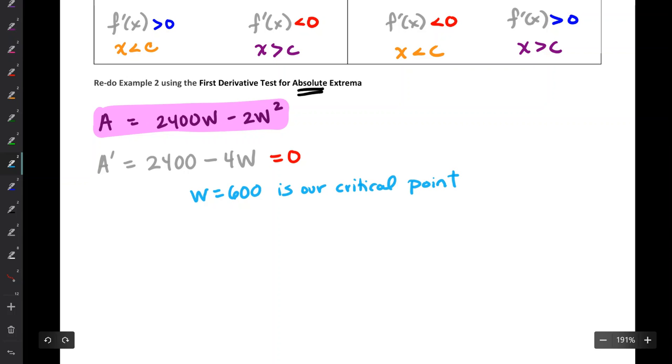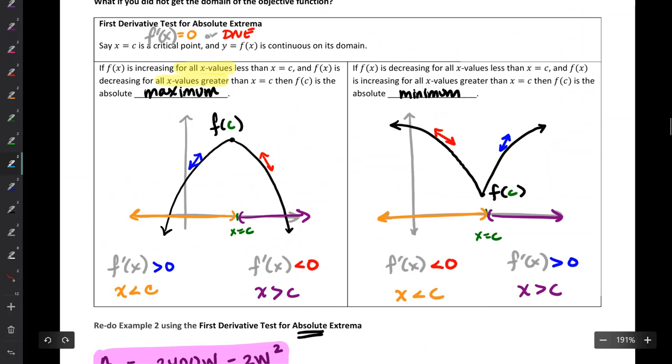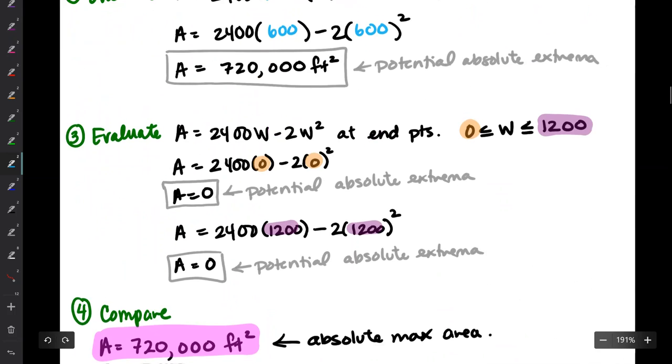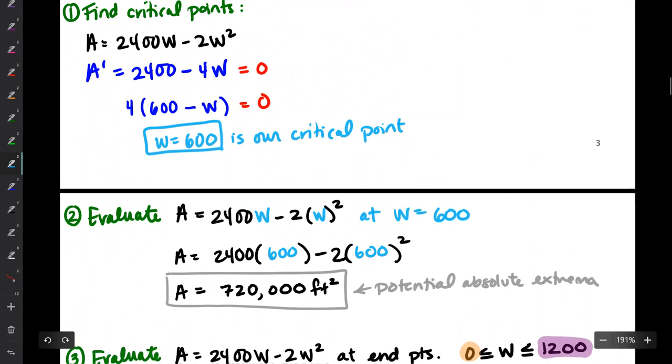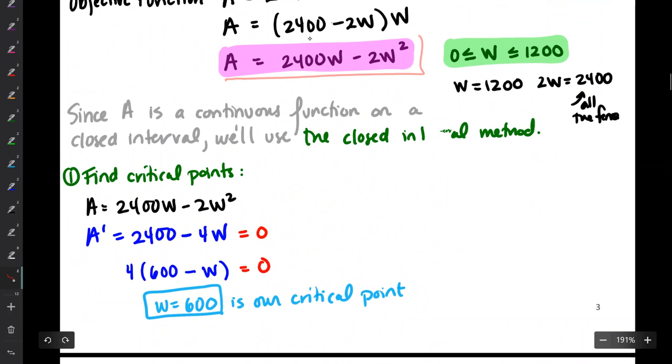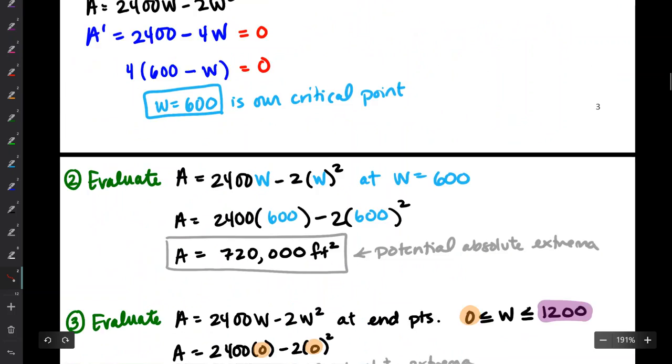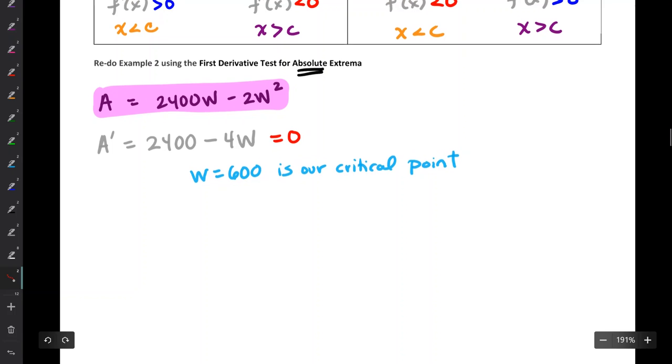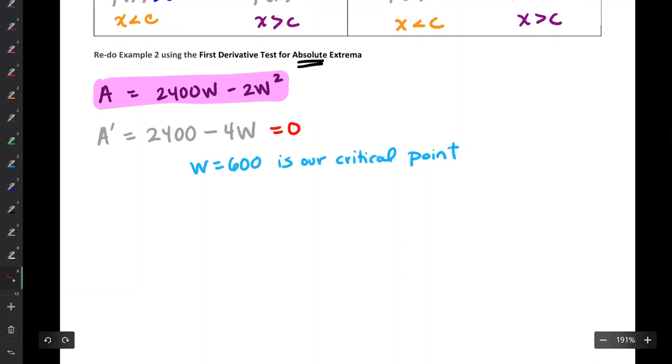So far it's been similar to what we did already, but instead of looking at this function being continuous on a closed bounded interval and evaluating this objective function at the critical point and at the endpoints, what we're going to do is a sign test on the first derivative.